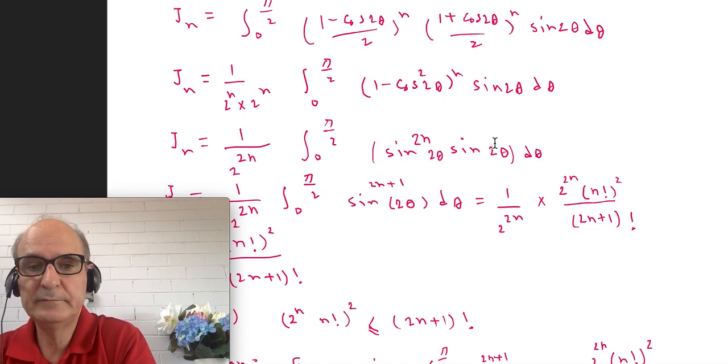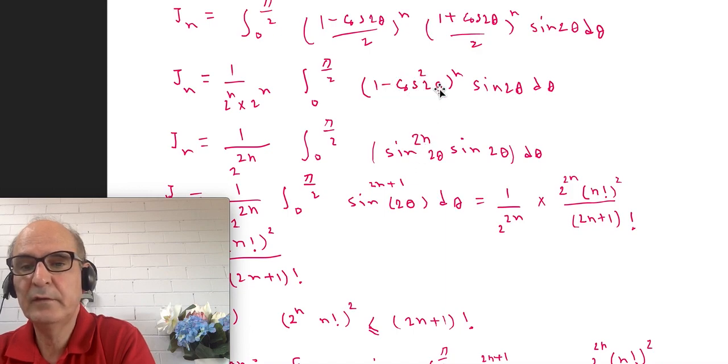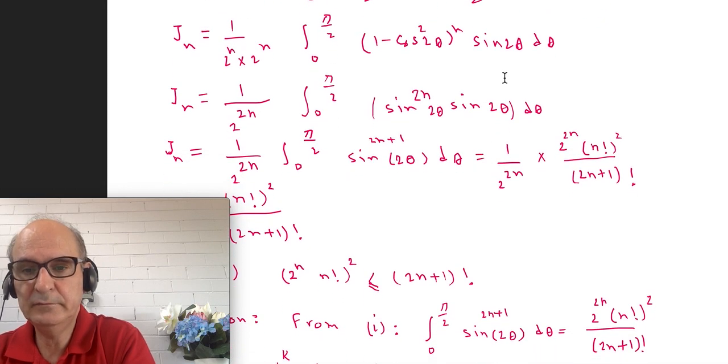And here you have 1 over 2 to the power of n times 2 to the power of n, which becomes 2 to the power of 2n. That is sine squared of 2 theta, and to the power of n becomes sine to the power of 2n of 2 theta, times sine 2 theta, which we have here.